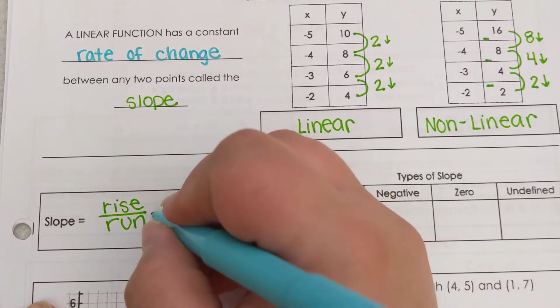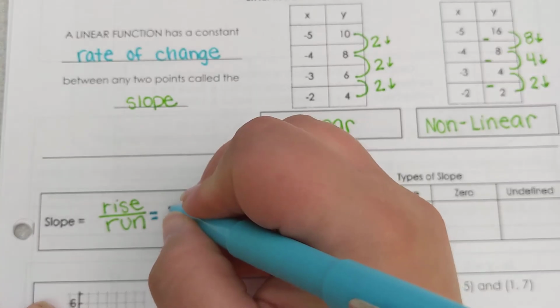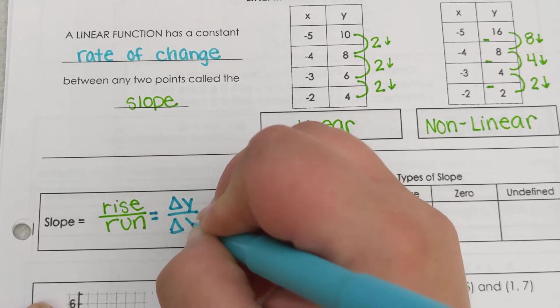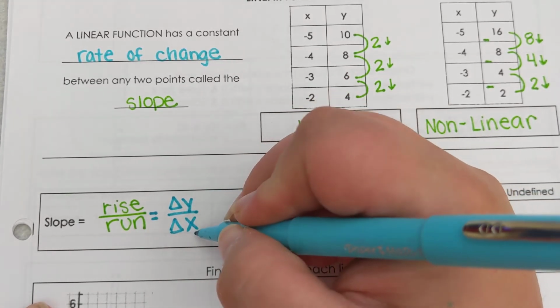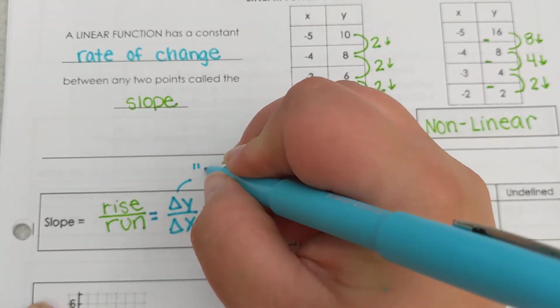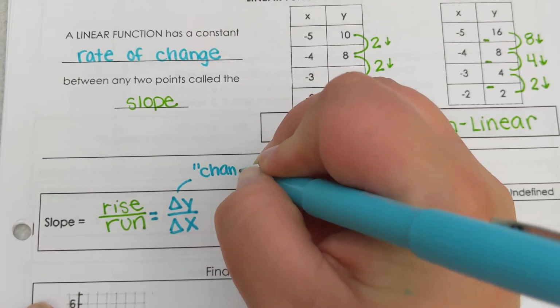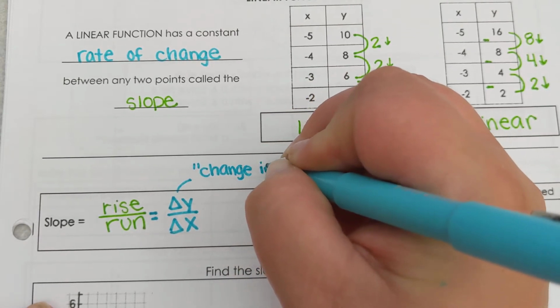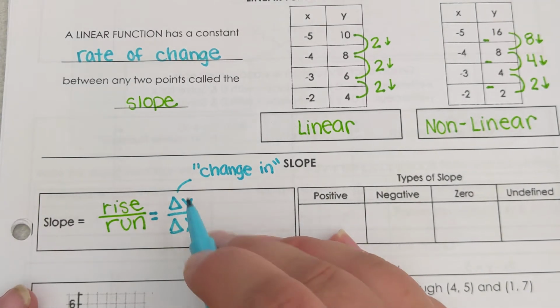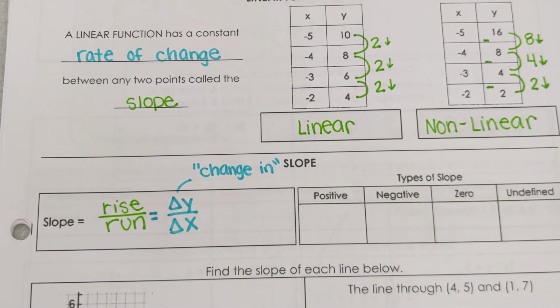Another way of saying this, and I'm going to write a symbol you may or may not have heard before, is change in y over change in x, and this little symbol out front that I wrote here means change in. So the change in y over the change in x. This symbol also gets used a lot in physics.